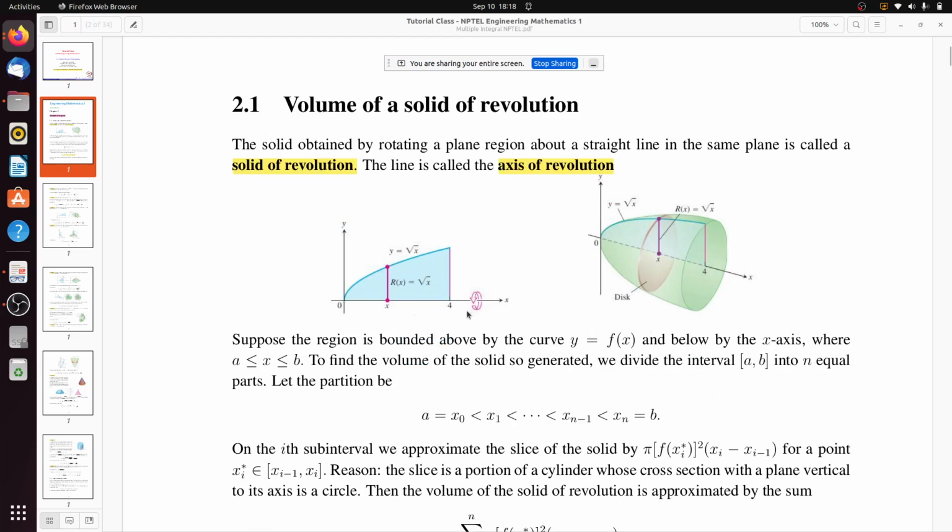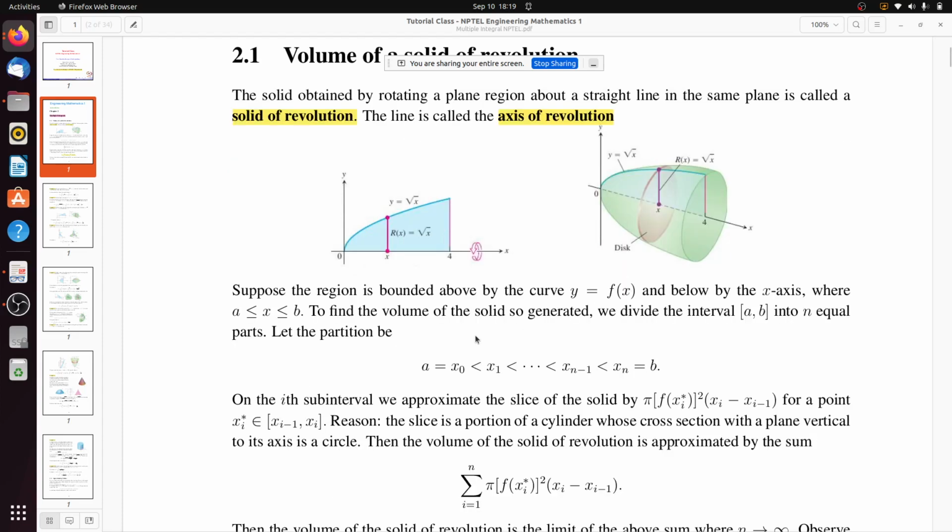Here it is the x-axis and it is the y-axis, and we have plotted y equal to square root of x. Our interval is 0 to 4. If you rotate this inscribed area around this axis in this direction, eventually you will get this type of paraboloid shape, right?